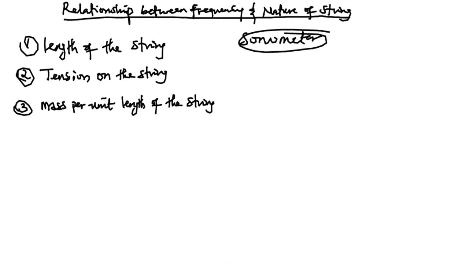Okay, so move straight to that relationship now. From the use of a sonometer, it has been found that the frequency of a string is directly proportional to 1 over the length. That is a way of saying that it is inversely proportional to the length. That is, the shorter the length, the higher the frequency. The longer the string is, the lower the frequency.